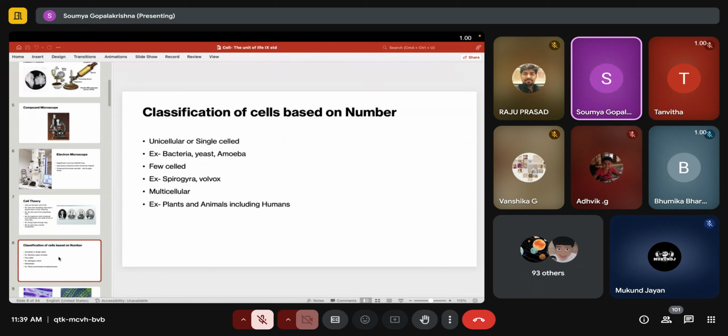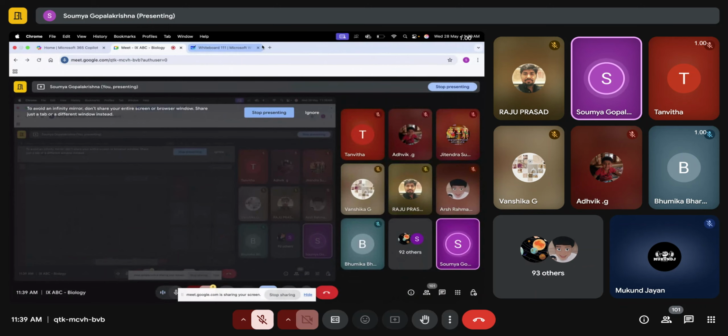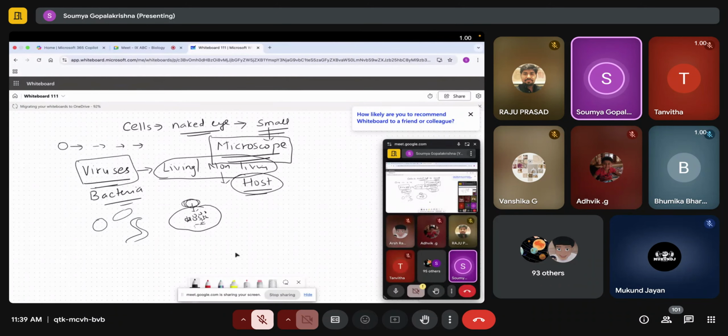Now, classification of cells based on the number. Based on the number, how do we classify the cells?